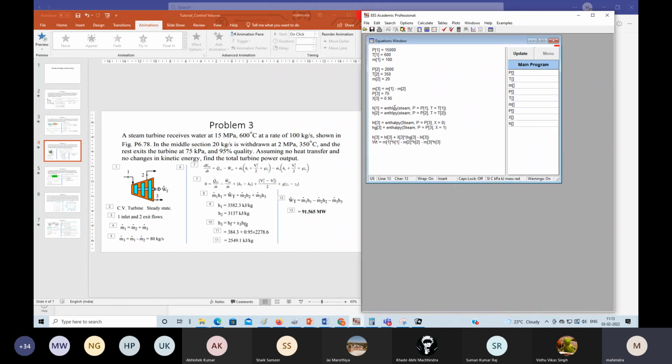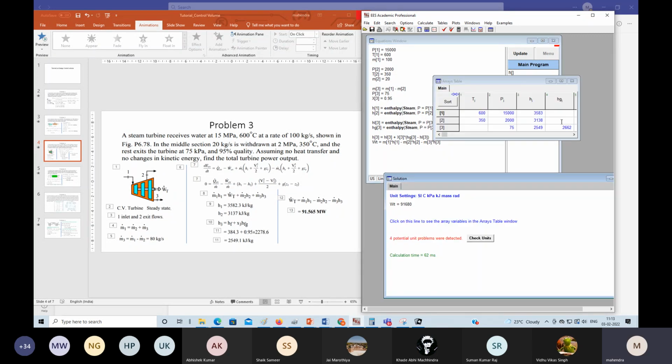Okay. Here we have made a small mistake. It should be ENTHALPY. Okay. So then what have we done? Work output is 91.565 megawatts here. Our units are here in kilojoules. Yes, sir, kilowatts.